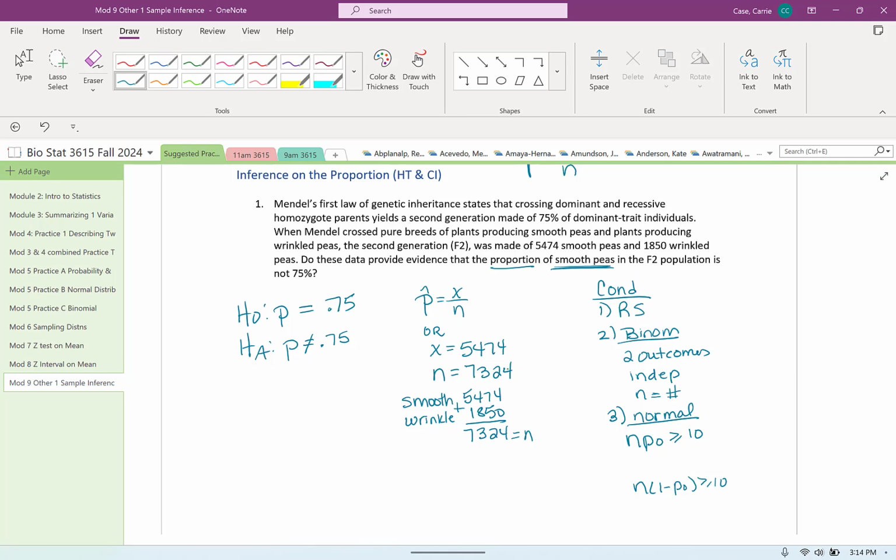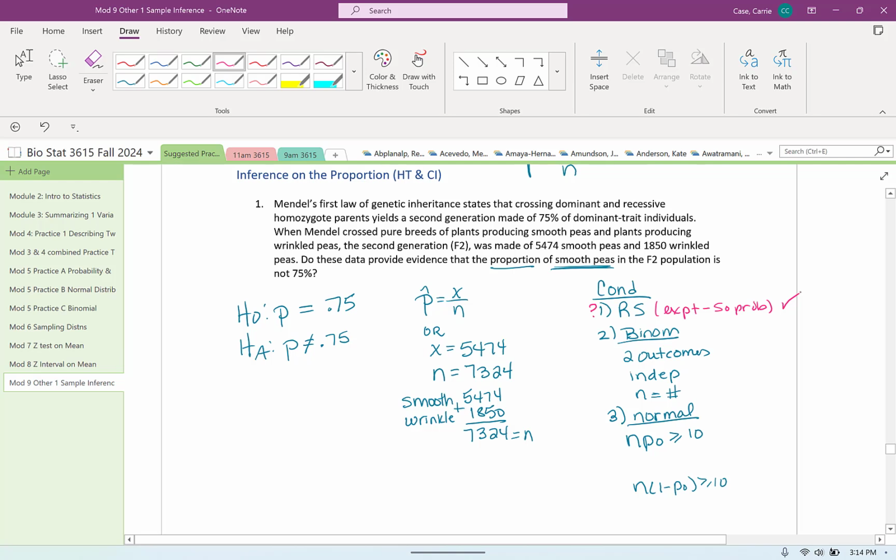So I have x and I have n, which is all I have to be able to plug this into my R program. So now I need to satisfy my conditions. The first one is random sample. And really, this is a really big question mark here. We don't actually know. An experiment was done, so we can probably assume random sampling. Experiment, so probably. But I don't know for sure.